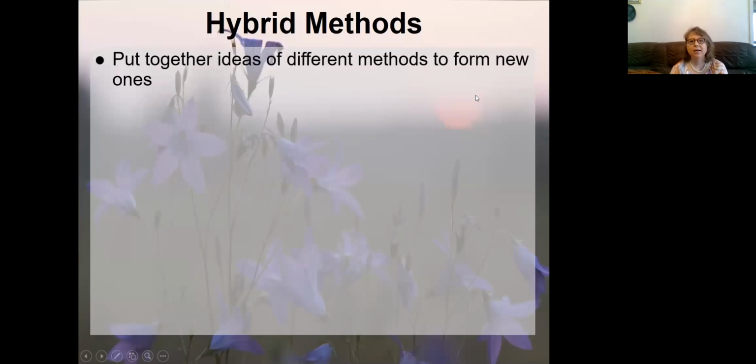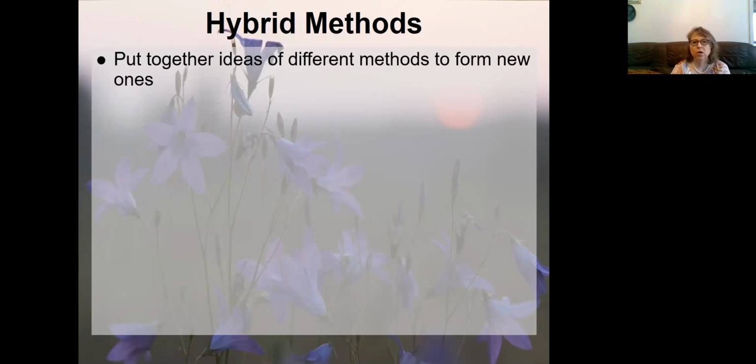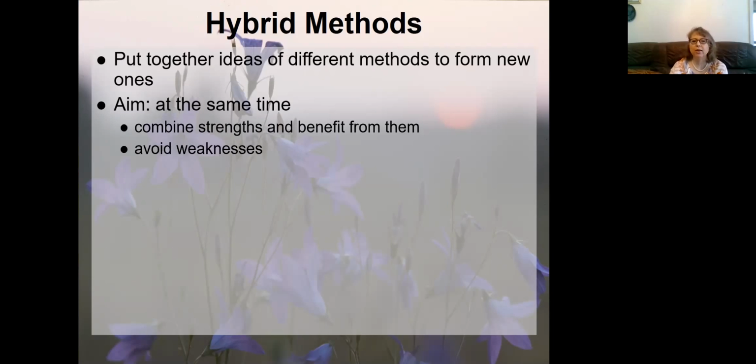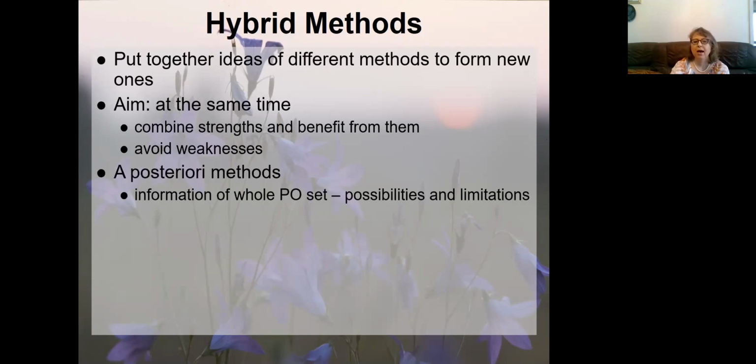The basic idea is that we can hybridize good properties of different methods to utilize their strengths and avoid their weaknesses. For example, the strength of a posteriori methods was that we get some kind of information about the different Pareto optimal solutions.